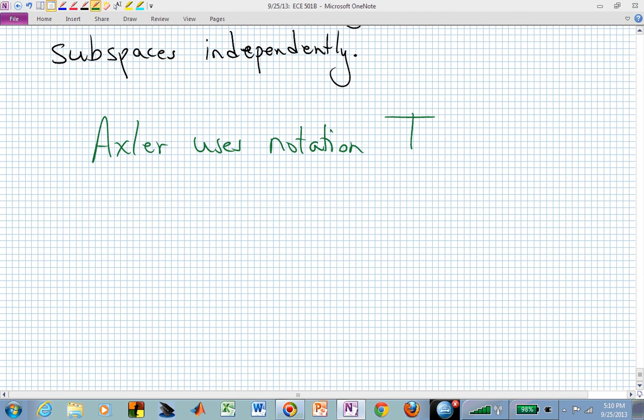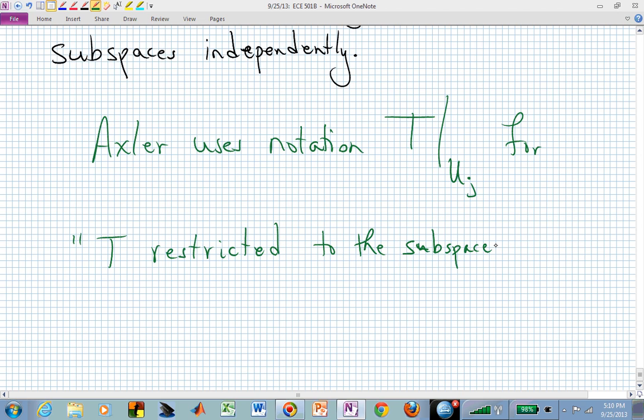The linear operator T, vertical line, U sub j, which really is a way of denoting that T is restricted to the subspace U sub j.